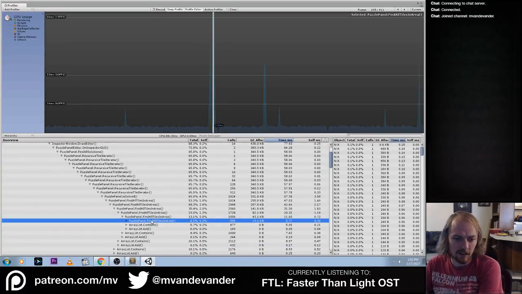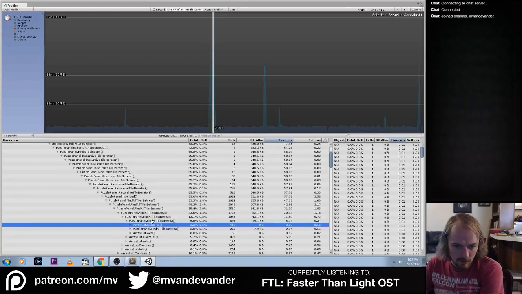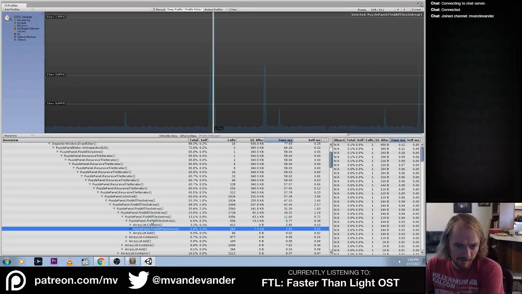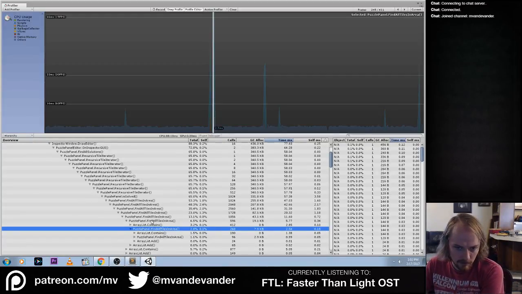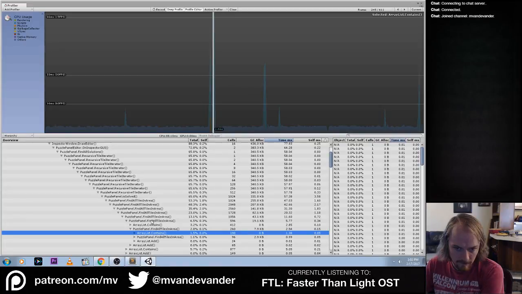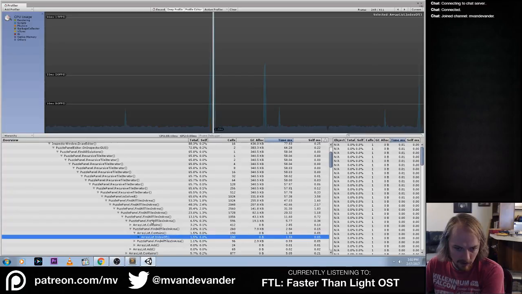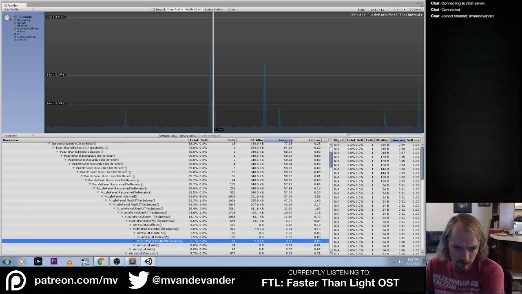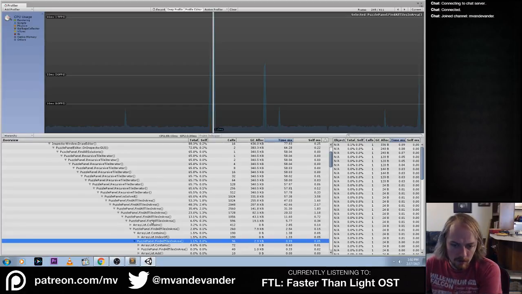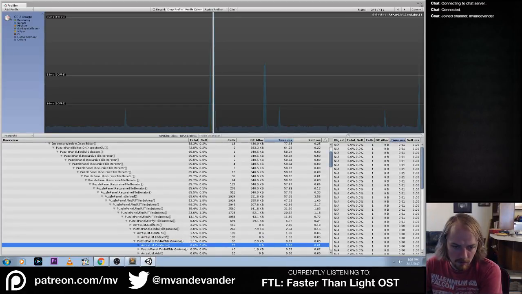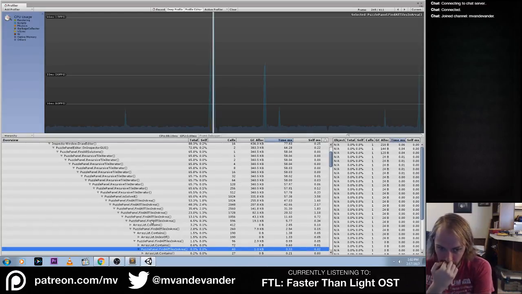Also, again, the deeper I go into this hierarchy, it's still all the calls to find all tiles in the area. Okay, so it's spending a lot of time on array list contains. As it goes down the stack, for some reason it's spending a lot of time there.